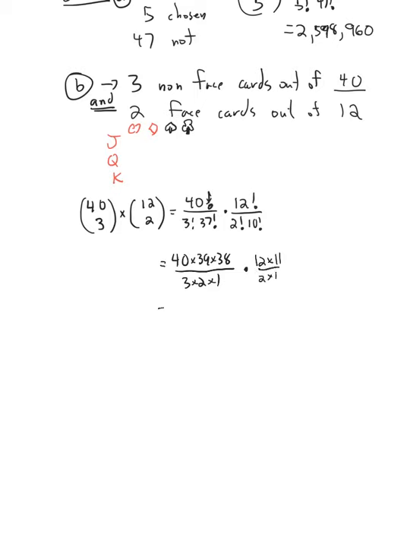So let's simplify this as much as we can. I see a factor of 3 in 39. That becomes 13. I see a factor of 2 in, say, 38. That becomes 19. And over here, I see a factor of 2 in 12. So that becomes 6. So this becomes 40 times 13 times 19 times 6 times 11.